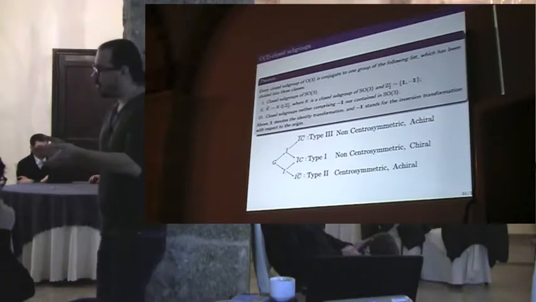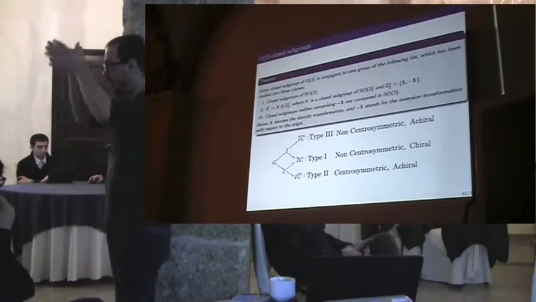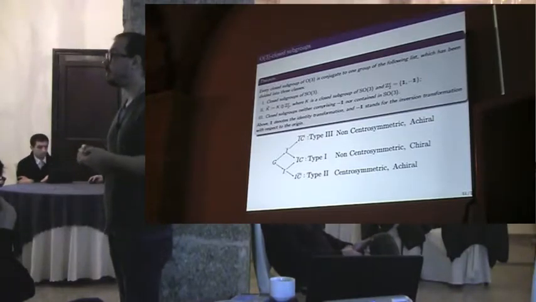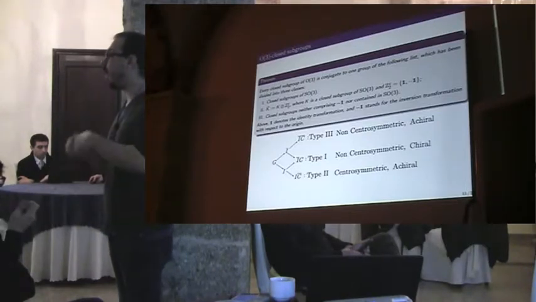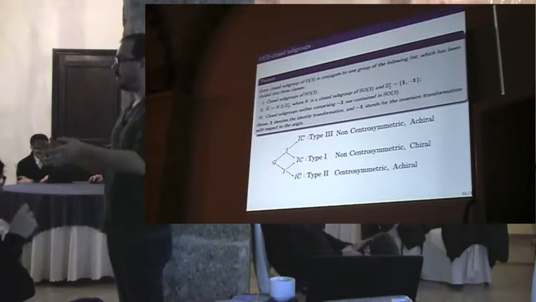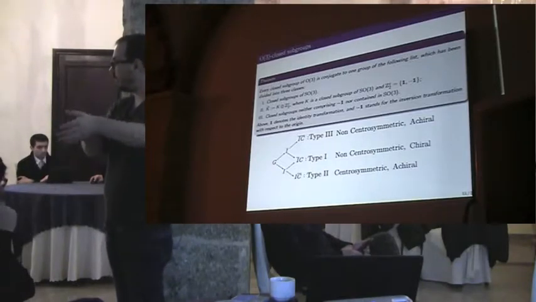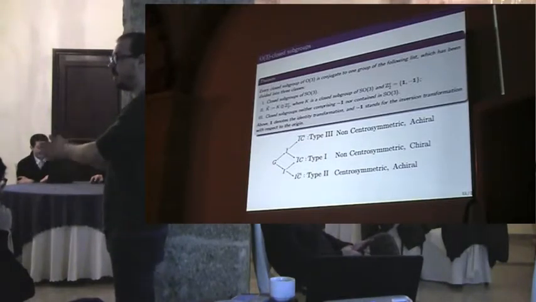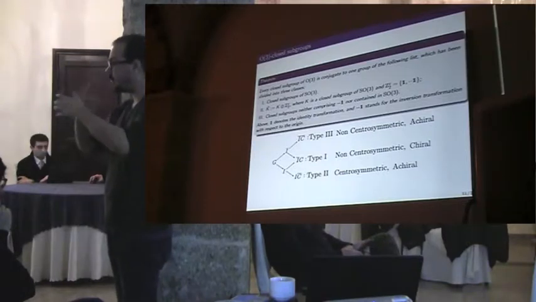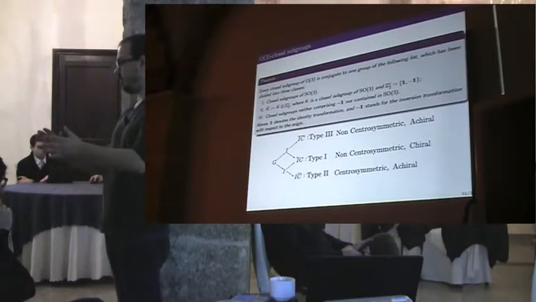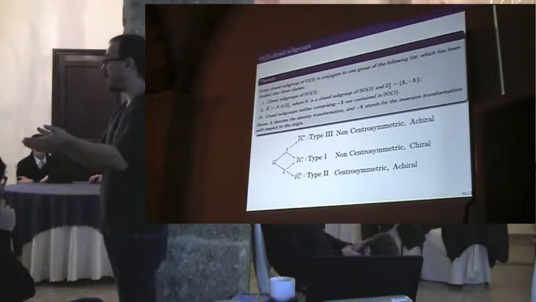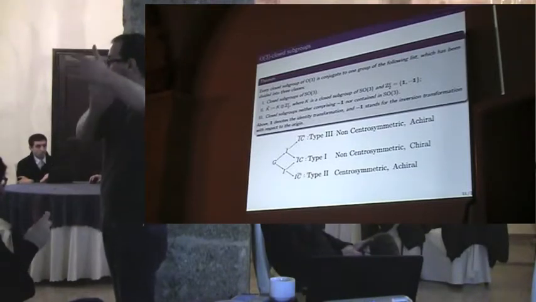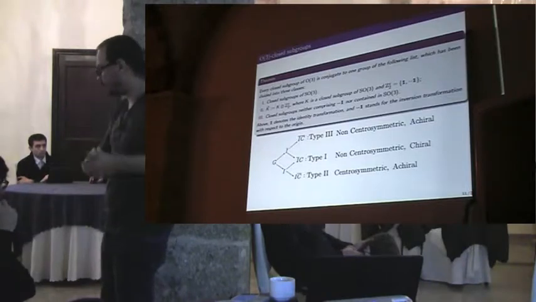Type 1 subgroup: if you take a group in this category and look at the generators of the group, your generators will only be rotations. We have no mirror operation nor inversion. Type 1 is just rotational symmetry. As a consequence, type 1 is the groups that are chiral. The chirality is associated to type 1 subgroups.